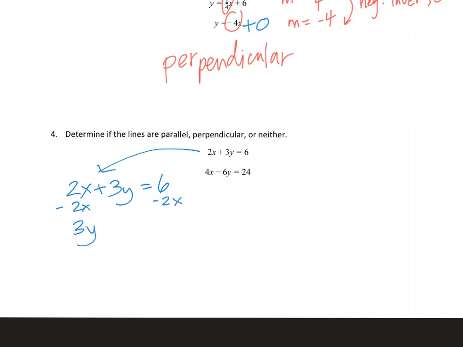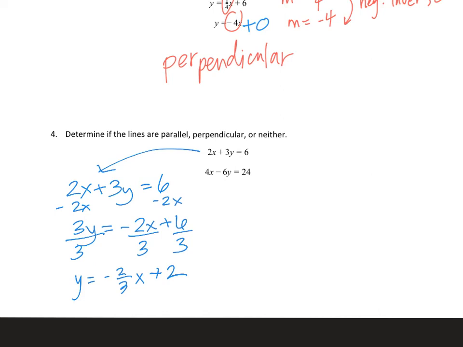Then we have 3y equals negative 2x plus 6. Now we need to divide by 3 on both sides. When we do that, we get y equals negative 2/3 x plus 2.